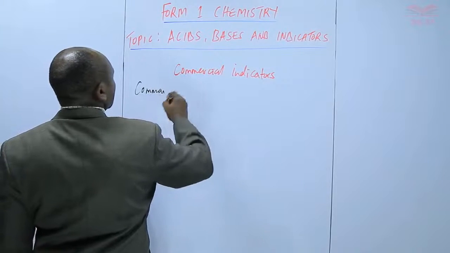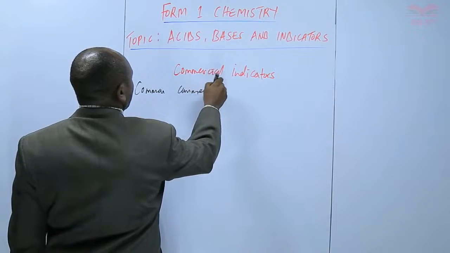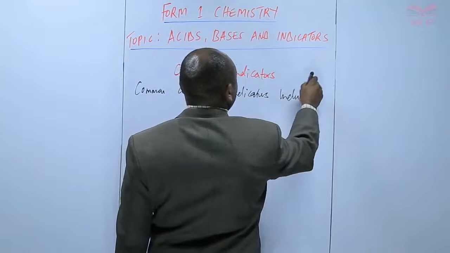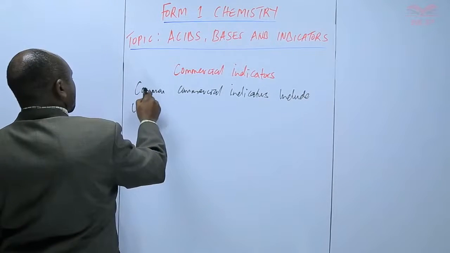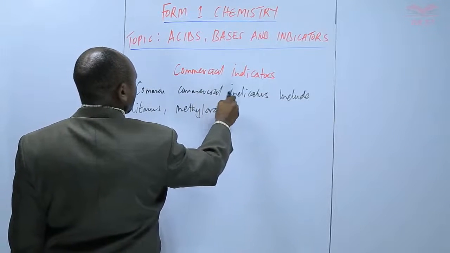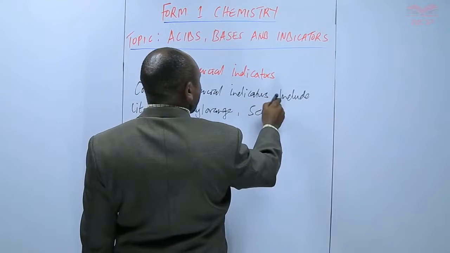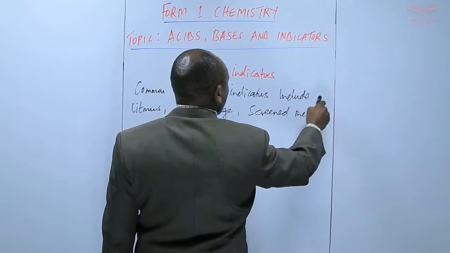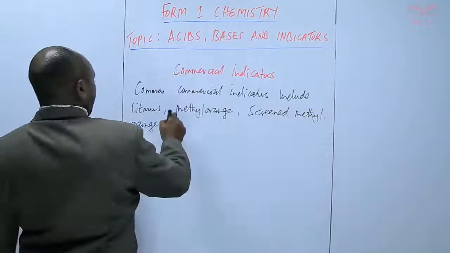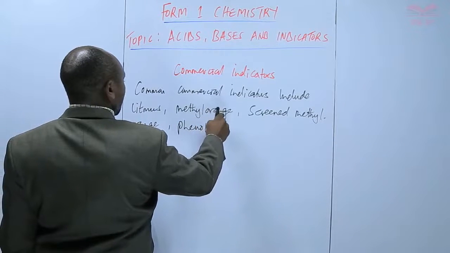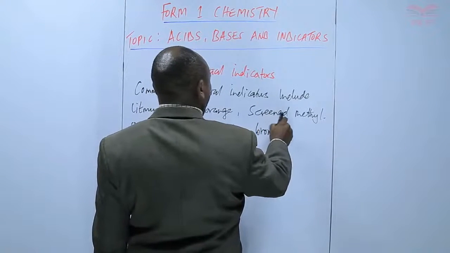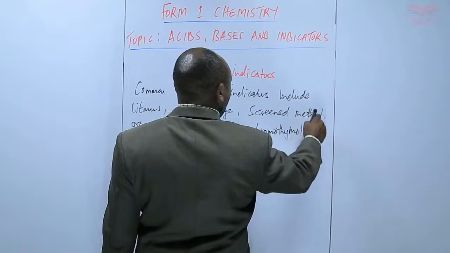So we can say that common commercial indicators include litmus, methyl orange, there is also screened methyl orange, there is phenolphthalein, there is bromothymol blue.